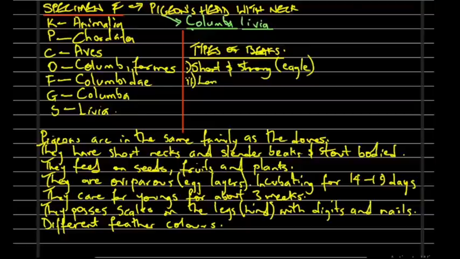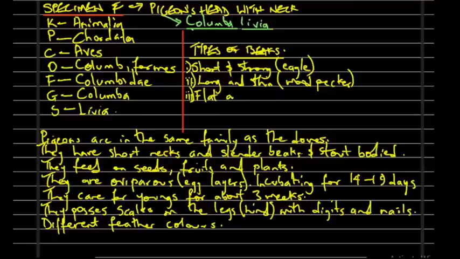We have long and thin, we have that in the woodpecker. So you could be asked to differentiate between the types of beaks. We have flat and serrated, we have that in the ducks.